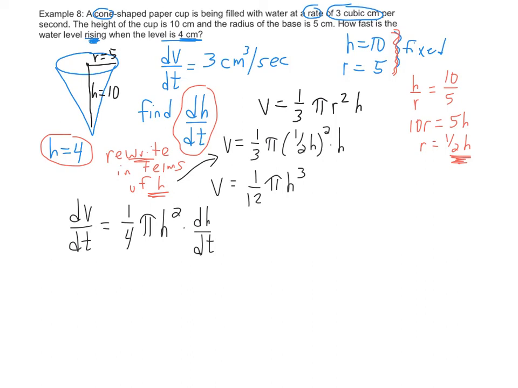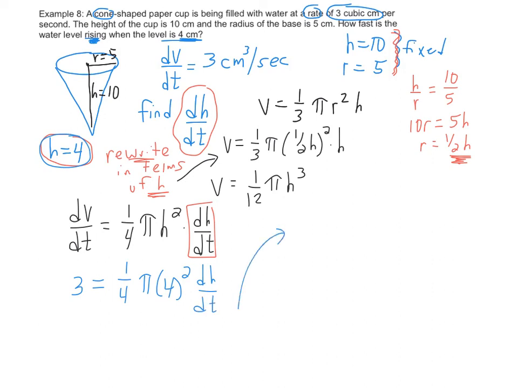So from there we can plug in. So we're trying to find this quantity dh/dt, and so the dV/dt, we were told that that is 3. We have 1/4 pi. Now the h value of interest is 4, so we have 4 squared, and we're trying to find dh/dt.